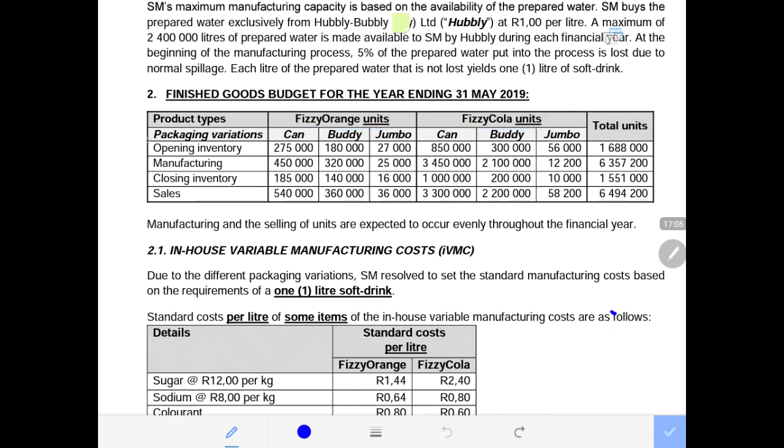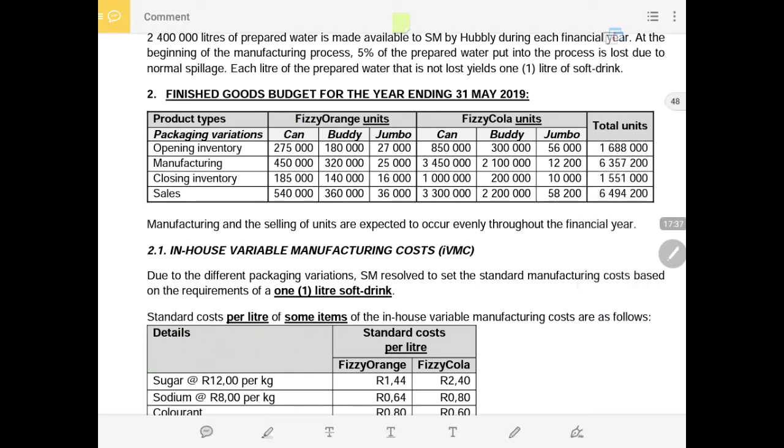And we have our product variations, which are the can, the body, and the jumbo, because our two product types have the same packaging variation, which is 330 milliliter, 450 milliliter, and 1.5 liter of a glass bottle. We have opening inventory, production, which is manufacturing, closing inventory, then after we have the sale. So in terms of the units, we have nothing to worry.